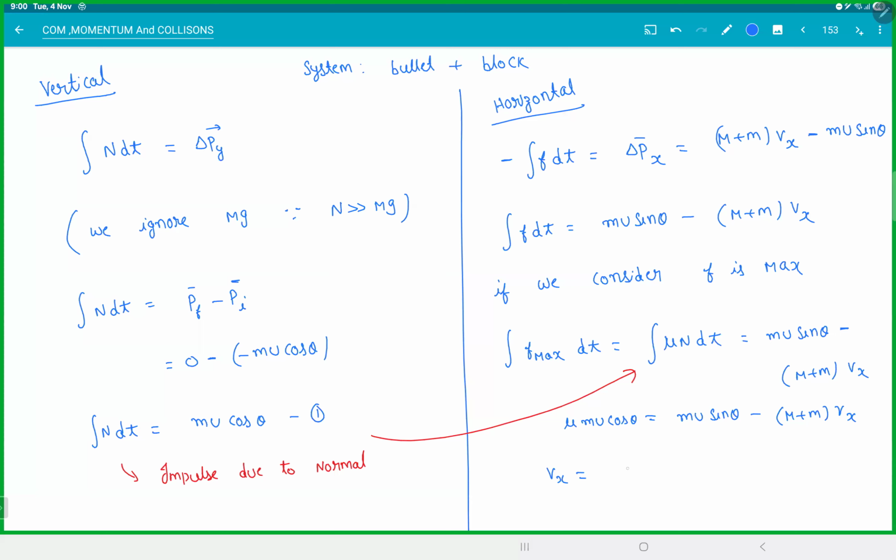So we get vx is equal to mu (sine theta minus mu cos theta) by (m plus M). There, that's your final answer. That is the velocity of the bullet and the block when they get stuck.